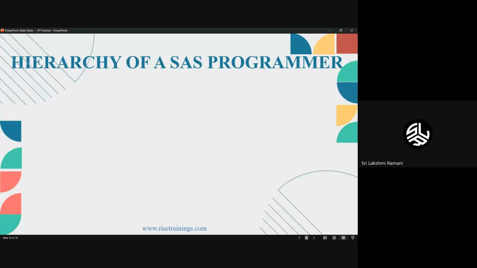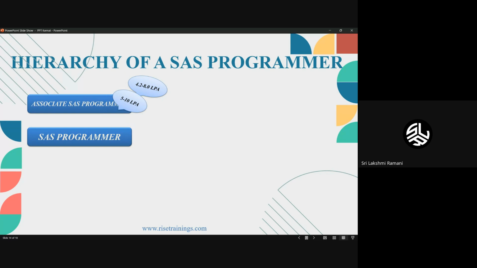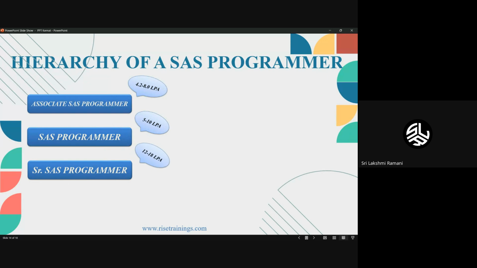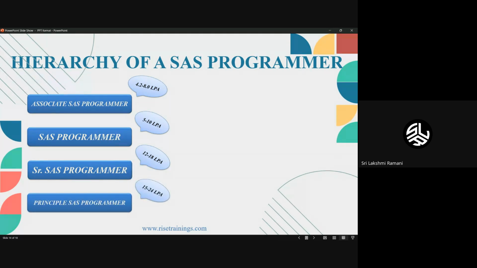Then coming to the hierarchy of a SAS programmer: if you join as a fresher, you will get the role of associate SAS programmer. The next level will be SAS programmer, then senior SAS programmer, then principal SAS programmer.